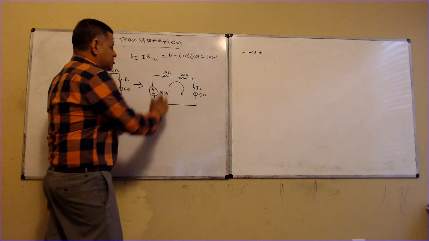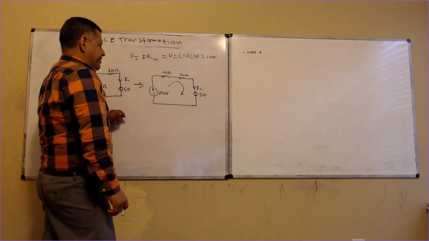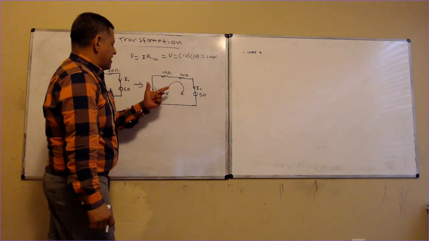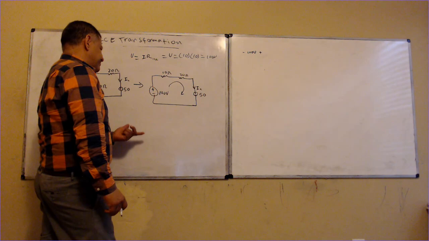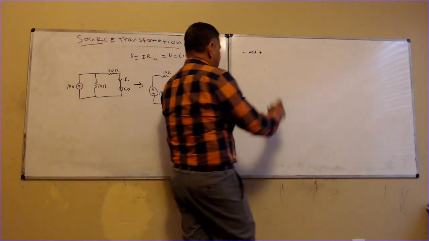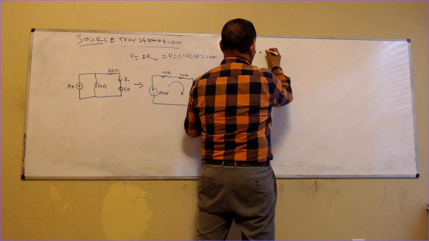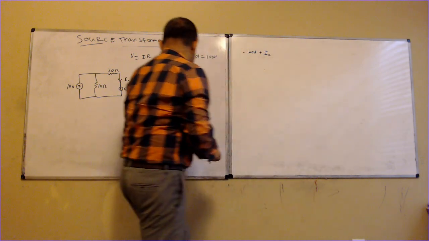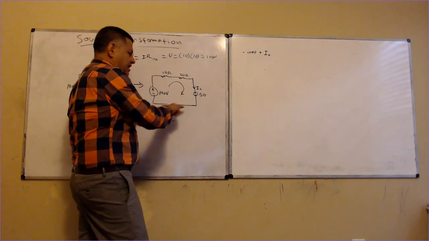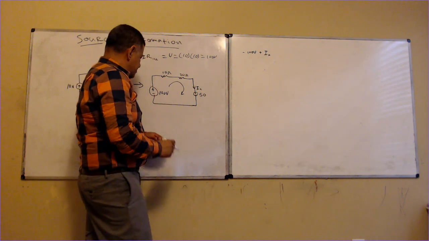You can call it I1 and I2, whatever, but it's the same thing. So we can say plus Ix, because it's in series, so the current is the same. This is after I do this transformation.